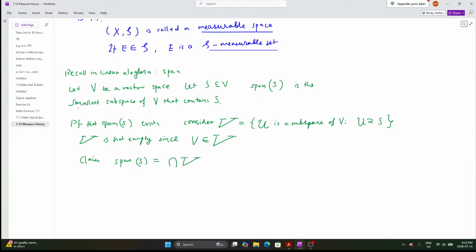And how do you prove the smallest part? We show this is a subspace because the intersection of subspaces is still a subspace.